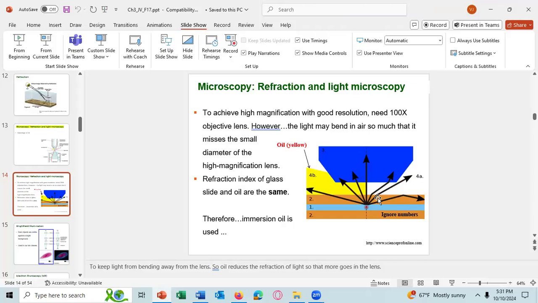Any question about any of that? And that's why we use oil with the 100x objective lens, so that we capture more light and then get better resolution than if we did not use oil.